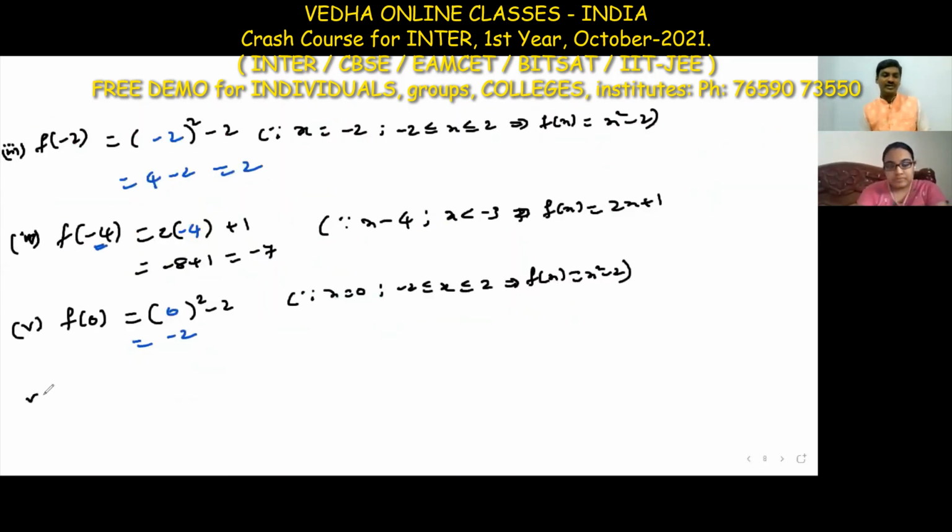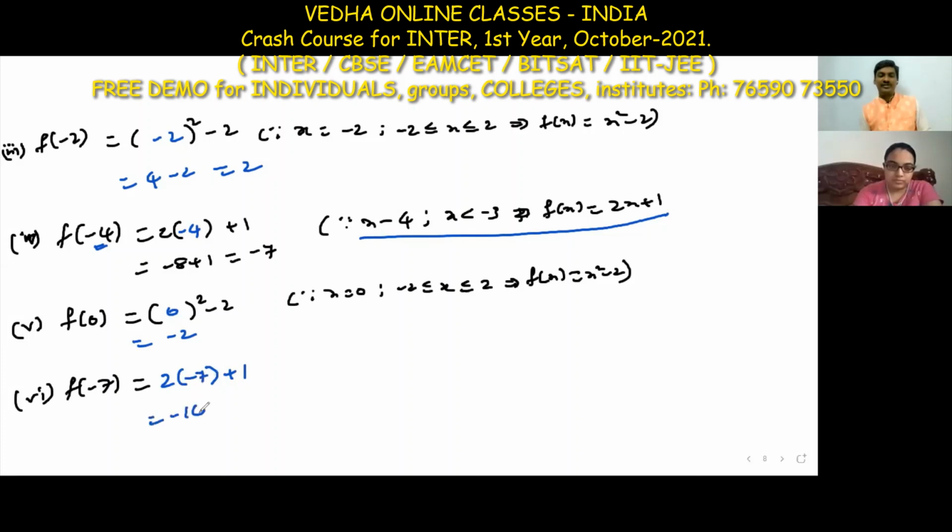Next, the sixth one is given as f of -7. -7 is less than -3, so we apply the same condition here: 2x plus 1. 2 into x plus 1, where x is -7. 2 sevens are 14, so -14 plus 1, that means -13.